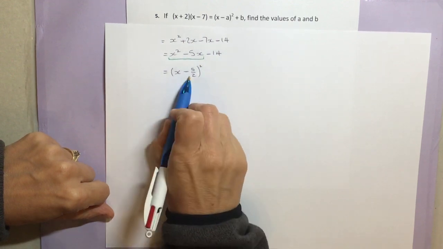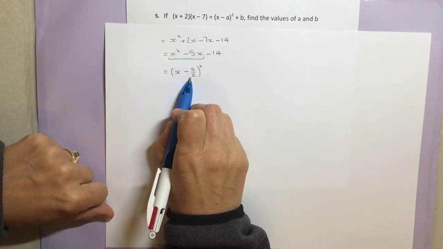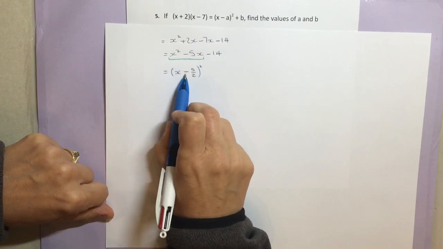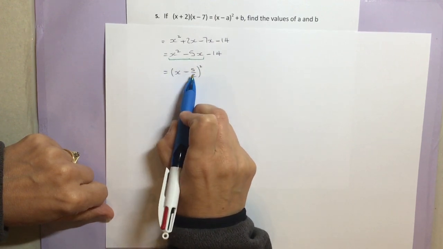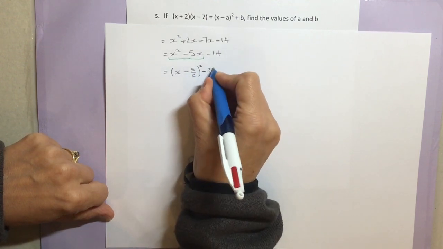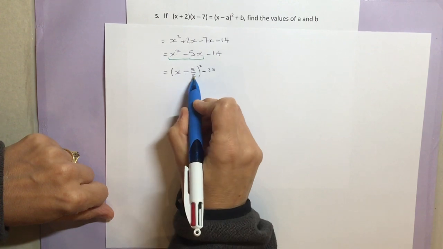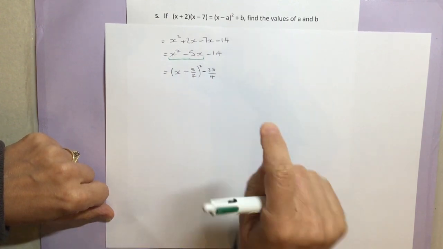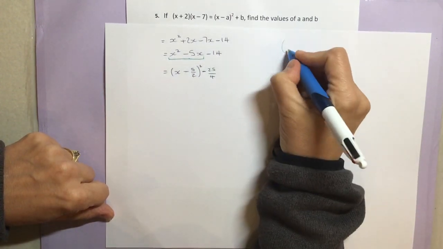All squared. And then if I do my FOIL rule on this, I'm going to get my x squared, I'm going to get my minus 5x, but then I'm going to get minus 5 over 2 times minus 5 over 2, which is a plus, so plus 25 over 4, too much, so I need to take that off the end. Let me just remind you of that.